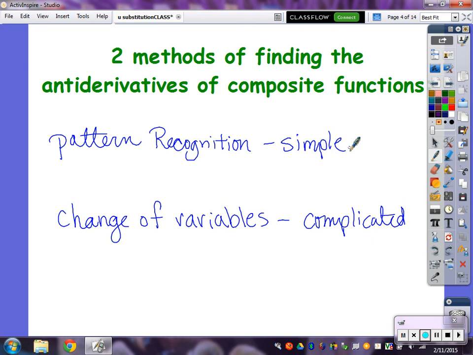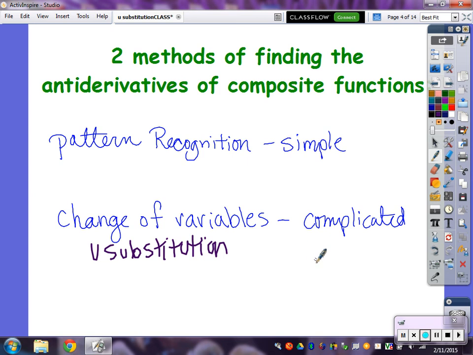Those are the pattern recognition composite functions that we can integrate just based on what we know about derivatives. Change of variables, or U substitution, are for the more complicated ones, the ones where we don't recognize a pattern, and we need to better gauge what exactly the outer function might be.